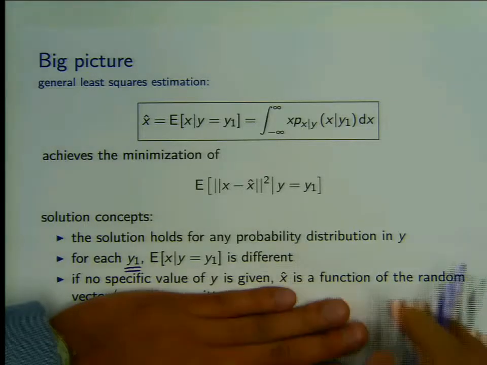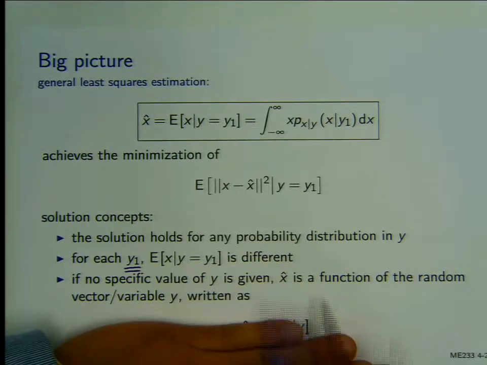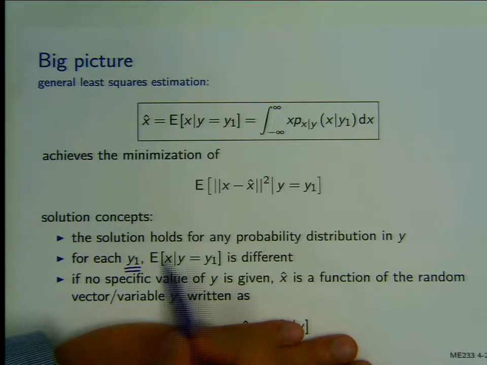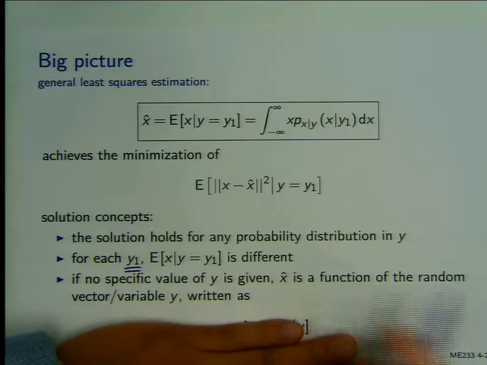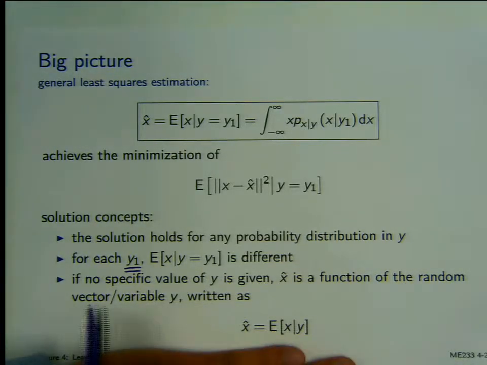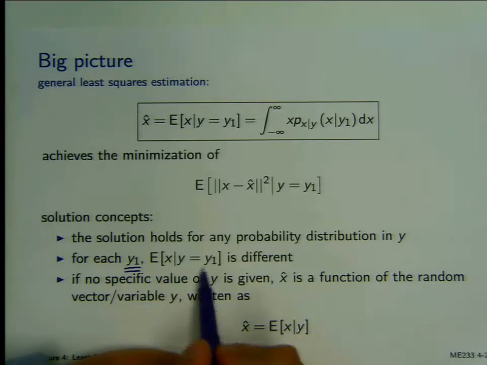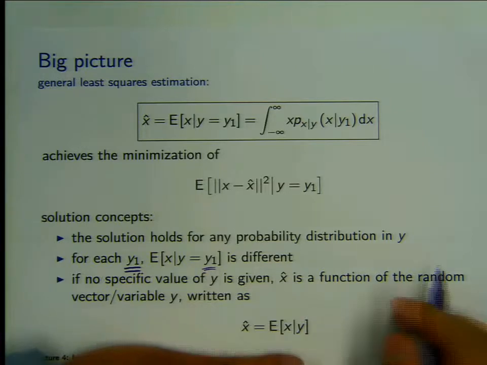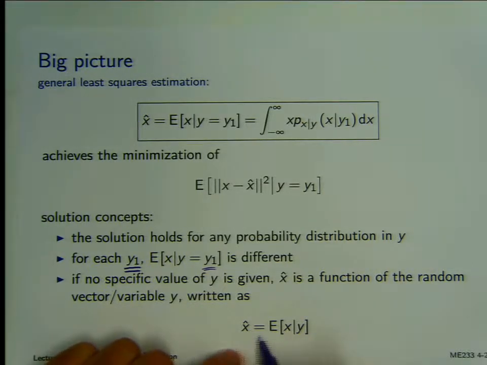If I don't give you any specific value of y, then this is a function of y. I give you a y value, and it returns a different value of the conditional expectation. So x hat is a function of the random vector y, and whenever I don't specify any measurement, we can write x hat as the expectation of x given y.